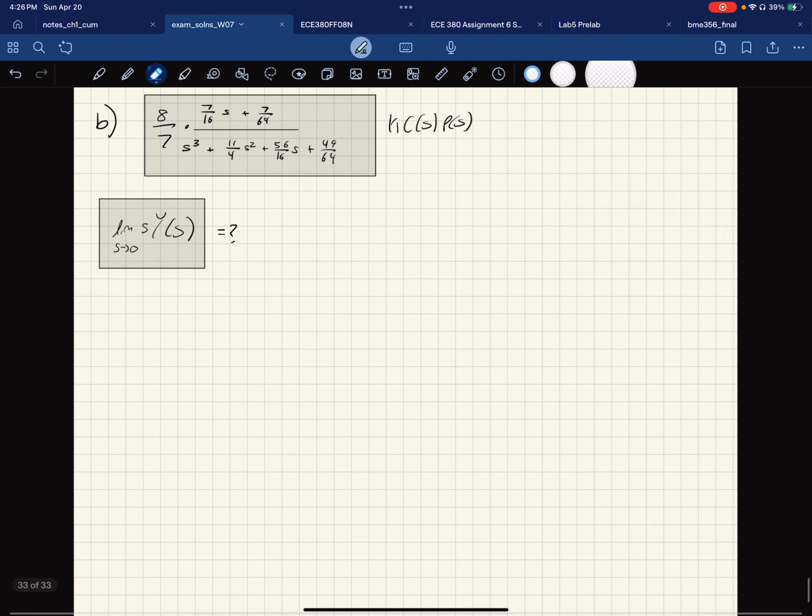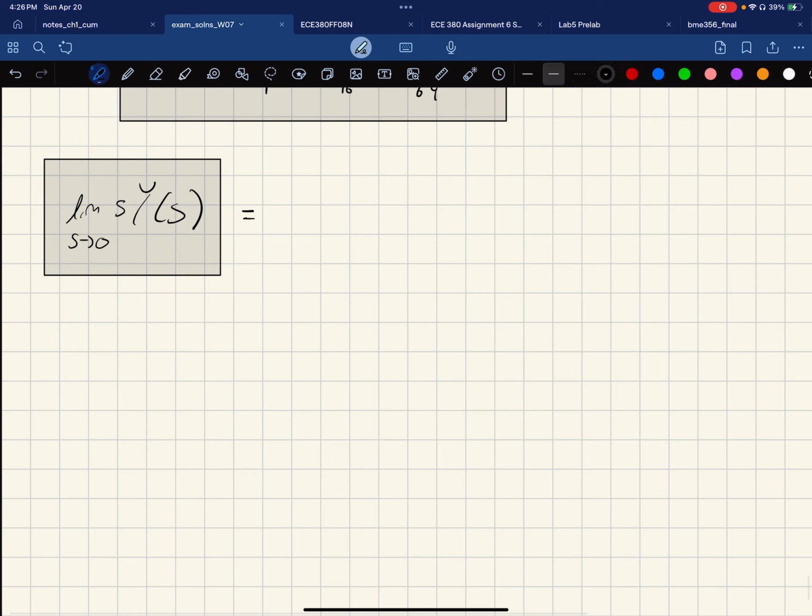So the limit as s approaches 0 should be something, and the unit step should have a value of 1. So I guess I can just find the difference, and that's your steady state error.